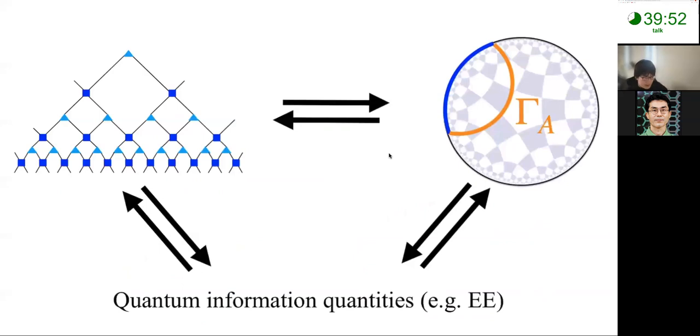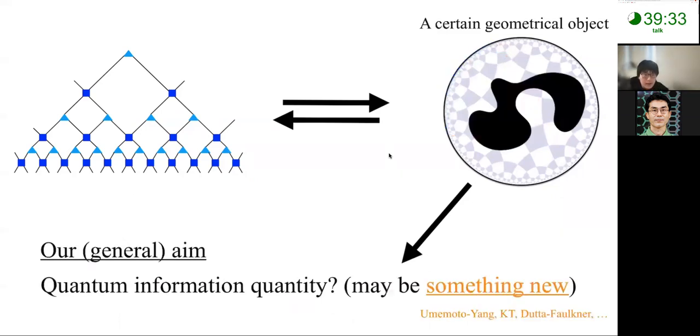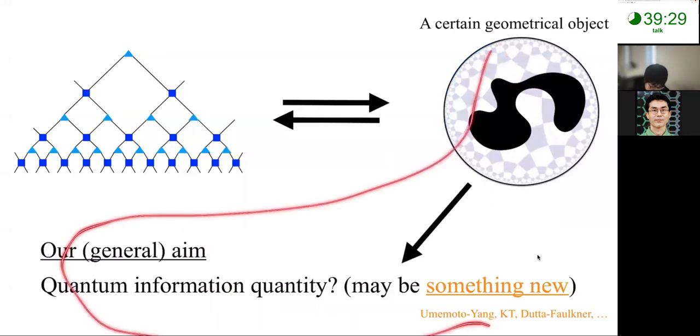So far, I have briefly explained some interesting connections between tensor networks and quantum gravity in AdS, and also the connection to quantum information theoretic quantities like entanglement entropy. But today, I'd like to discuss especially this part.